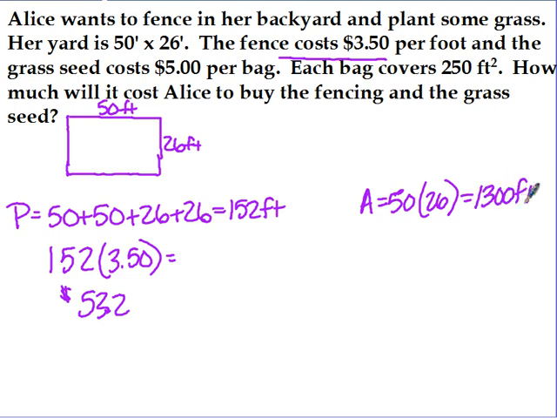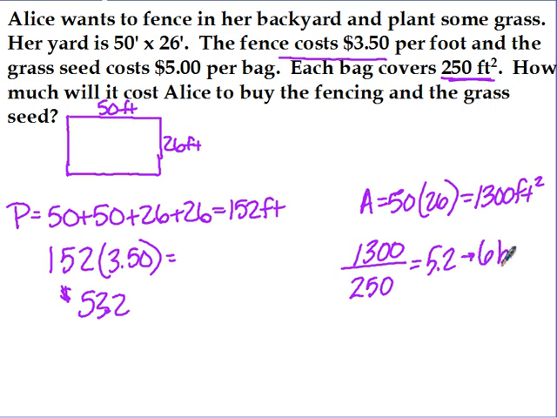Okay. Now again, just like the cans of paint, I have to figure out how many bags of grass seed I need. So I'm going to take 1,300 divided by 250, and that gives me 5.2, which again, we can't just go into Walmart and say I need 5.2 bags of grass seed. Okay, that's going to have to be 6 bags.